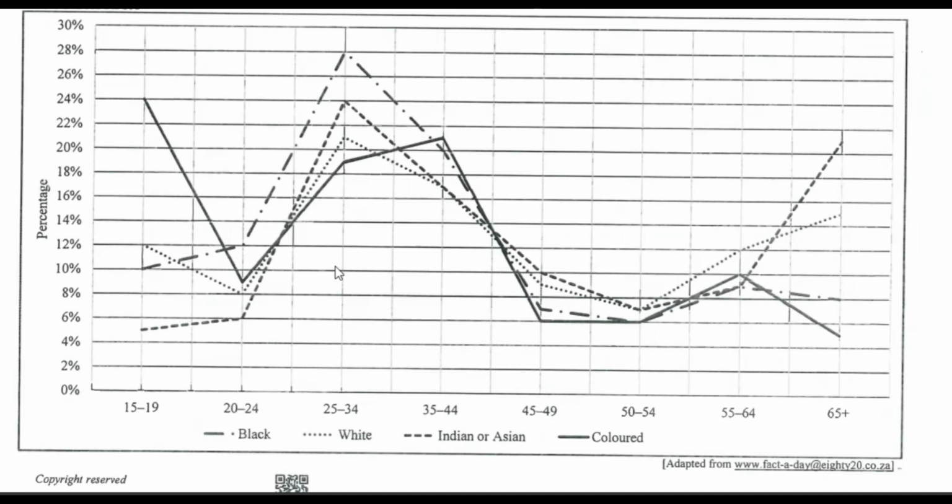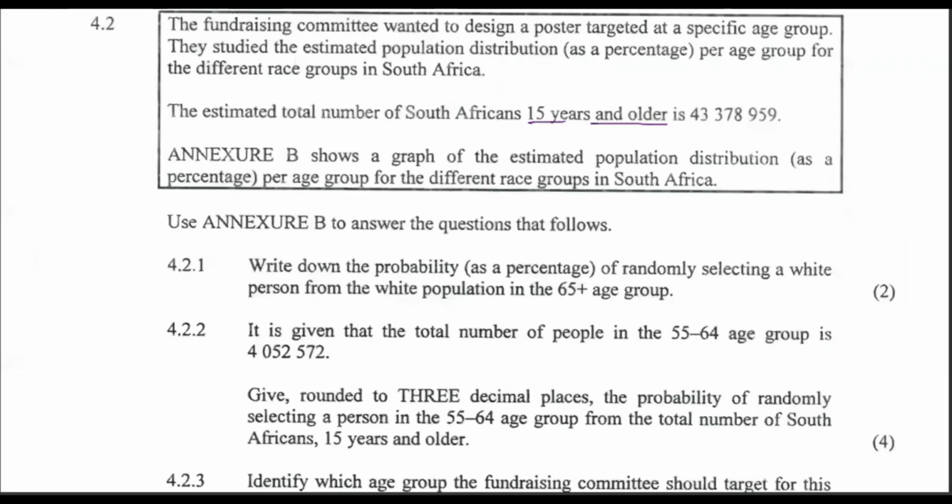Now we have 15 to 19, then we have 20 to 24, 25 to 34, 35 to 44, 45. All right, there we go. The lines, each line represents a race. As you see down here, each line represents a race. Okay, we go on and we see the questions.